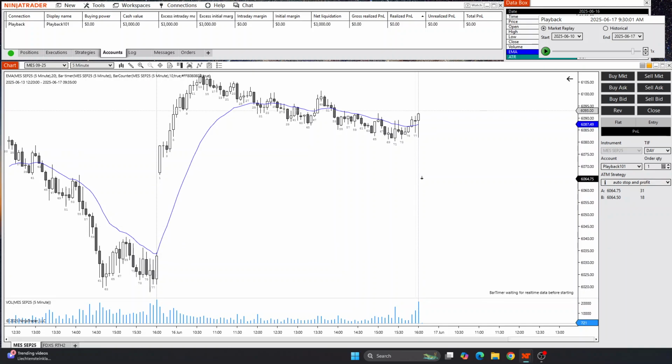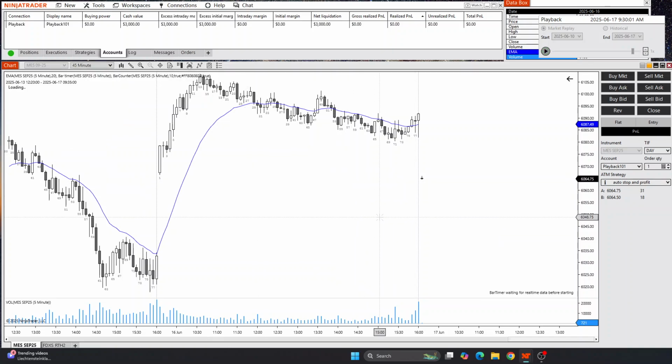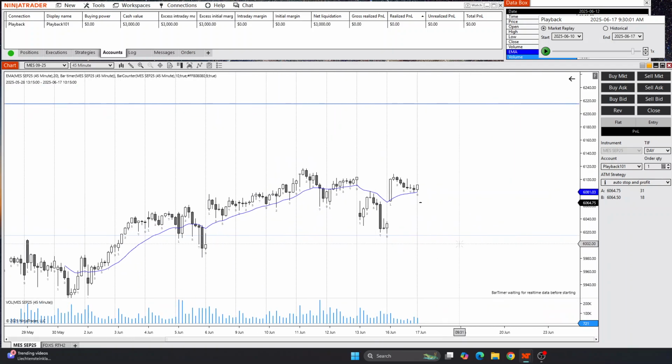And then on the 5 minutes, before we go to 5 minutes, let's look at the 45-minute chart. So the 45-minute, what does it look like?